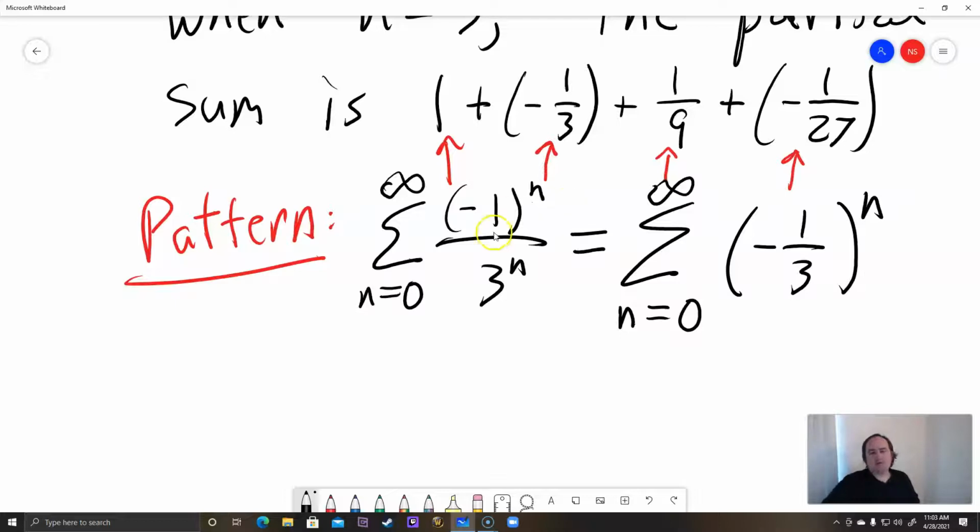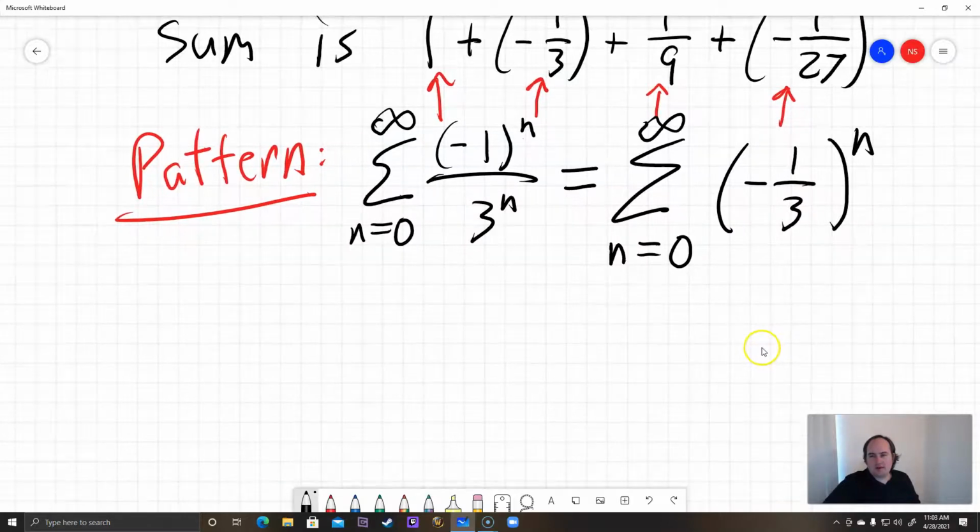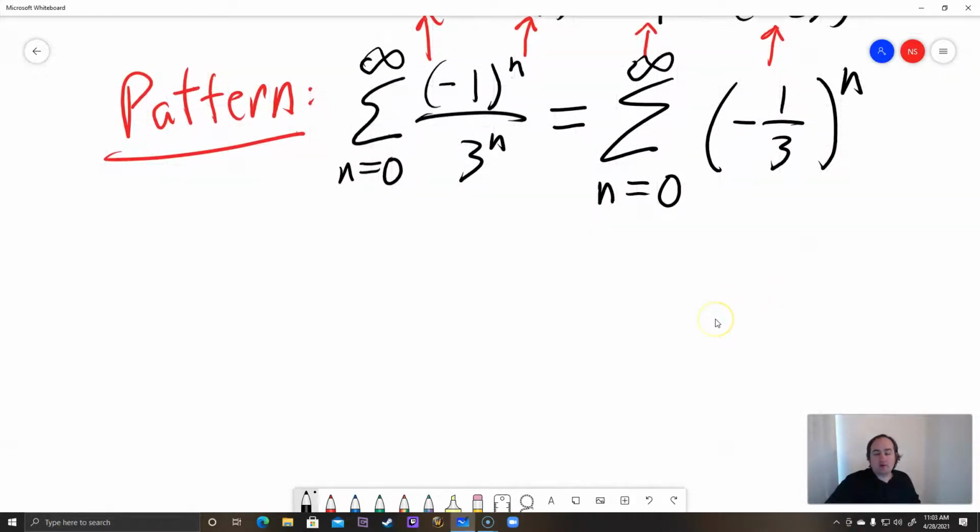They gave us the first formula right at the beginning of the problem, so we didn't have to figure it out on our own. But why did I rewrite it this way? I'm trying to rewrite it in the form of a geometric series, which is the sum of a r^n.